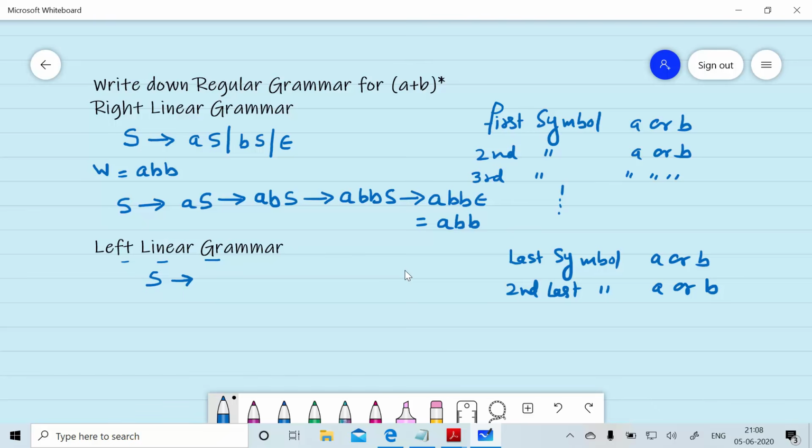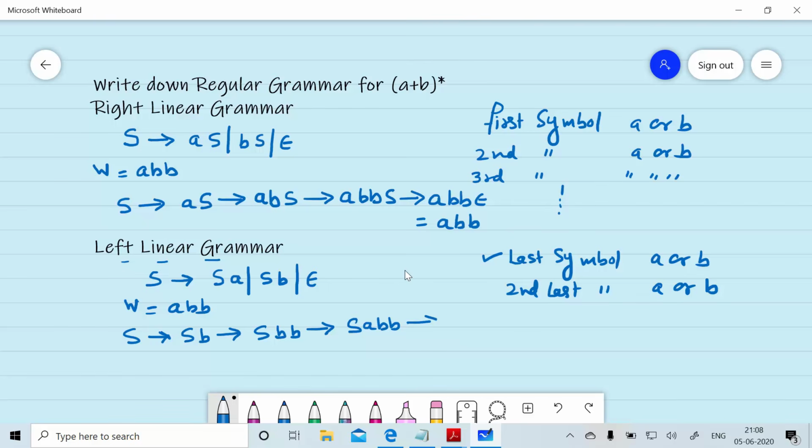So first we try to generate the last symbol. Now let us try to generate w is abb. First we generate the rightmost symbol, that is b. Then the second rightmost symbol, that is again b. Then the first symbol we generate, and then S is replaced by null, and we generate the string abb.